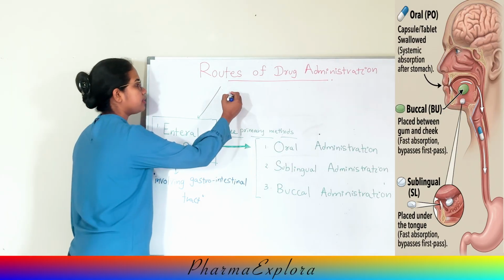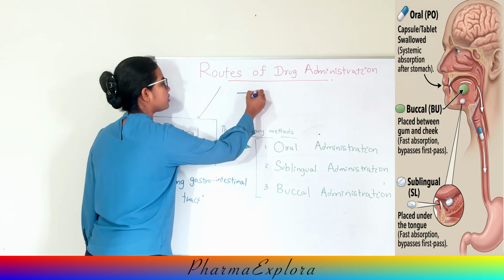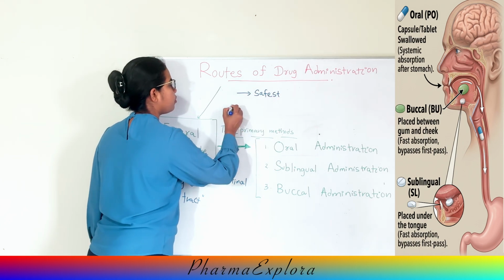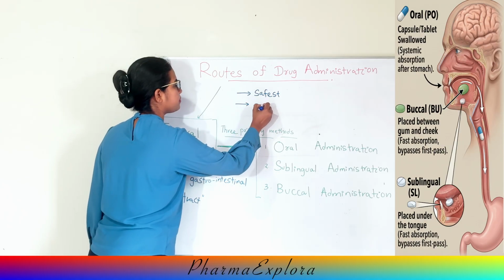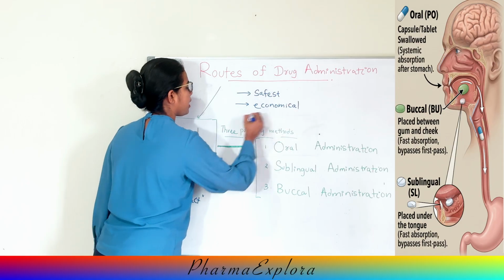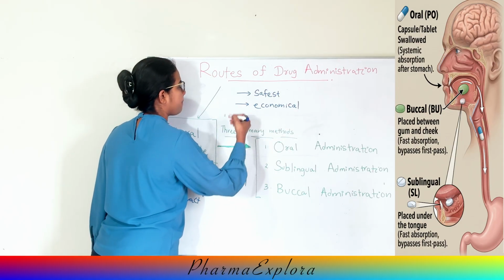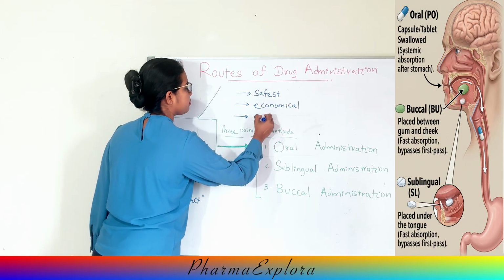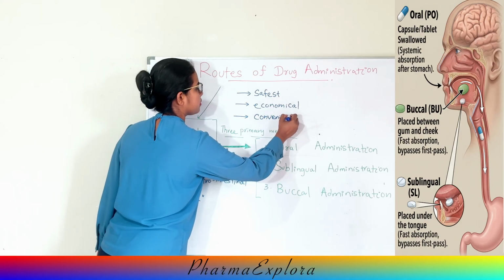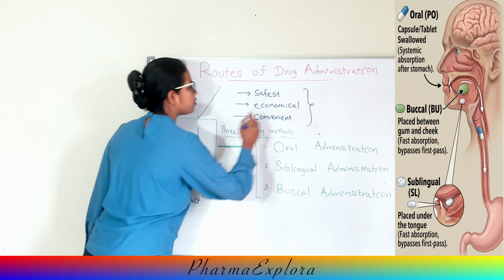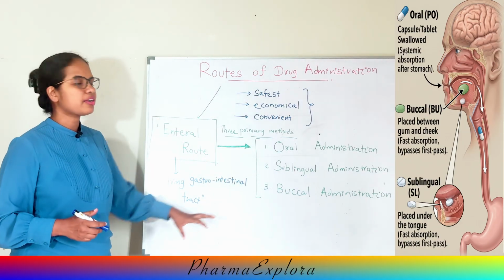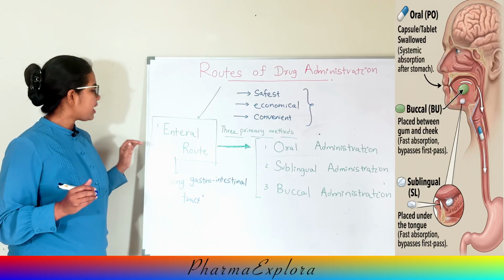And this enteral route is the safest, most economical, as well as the most convenient route of drug administration available today. So this is an overview of the enteral route.